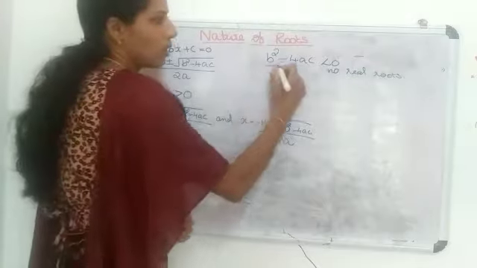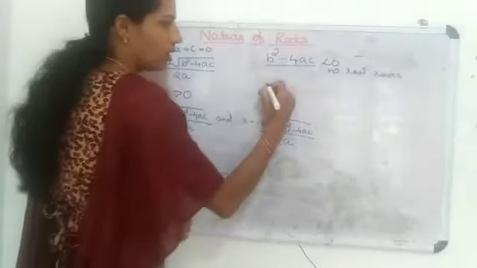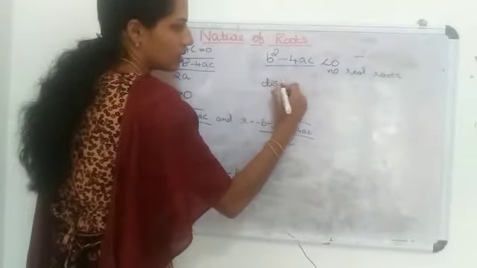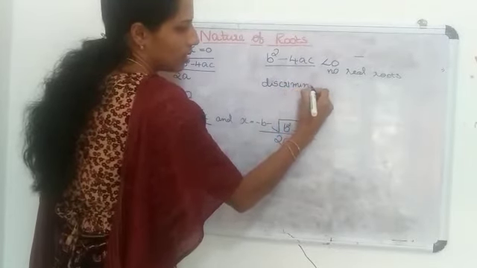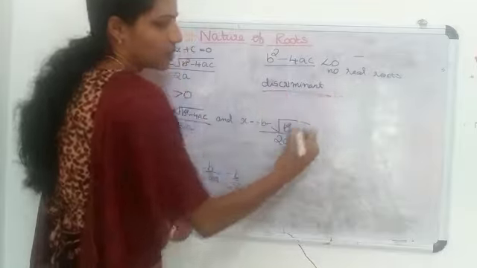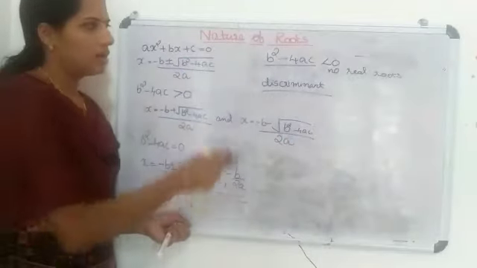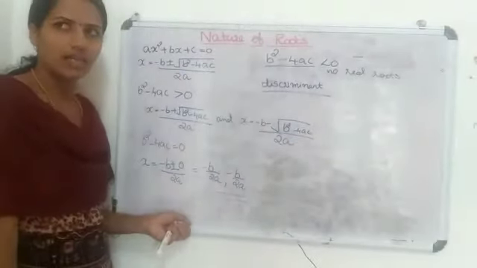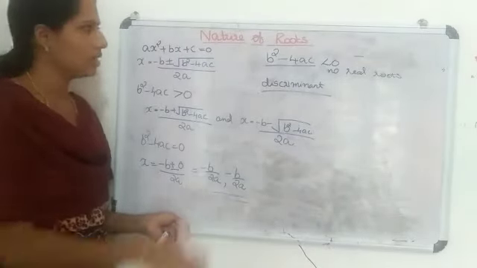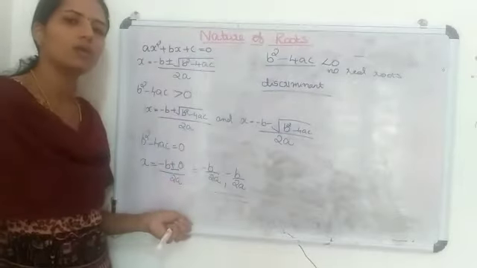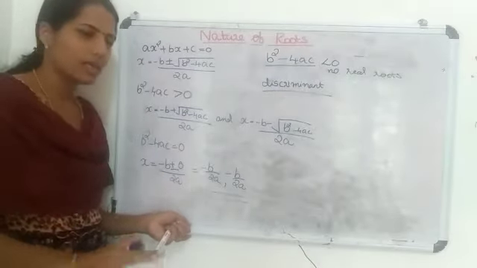This b square minus 4ac is called the discriminant of the quadratic equation ax square plus bx plus c equal to 0. It is very simple.